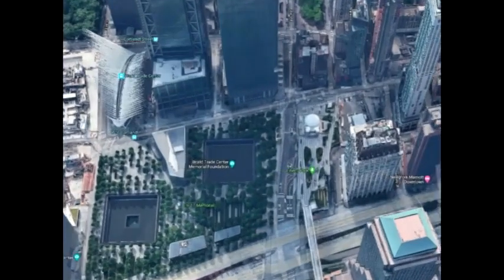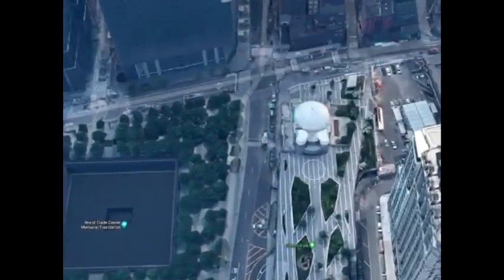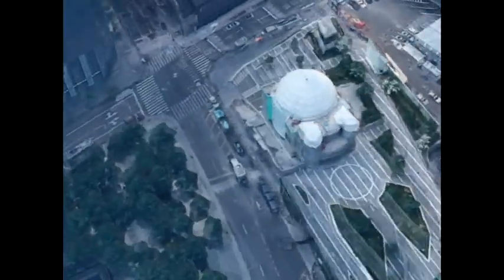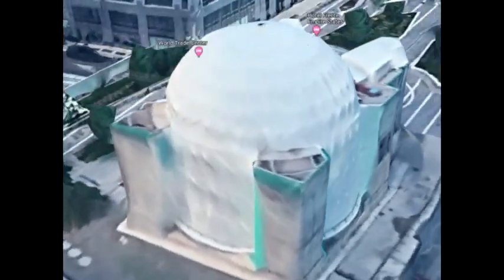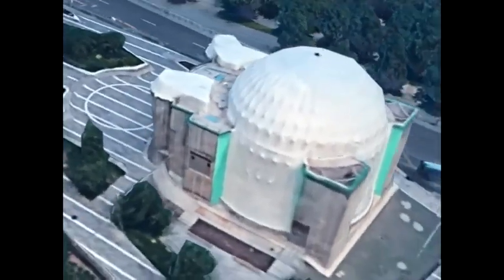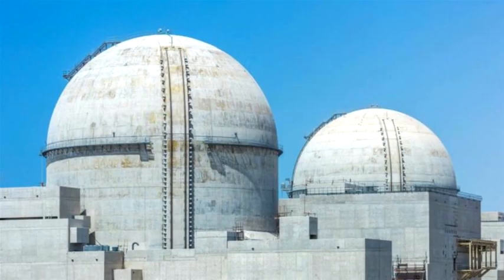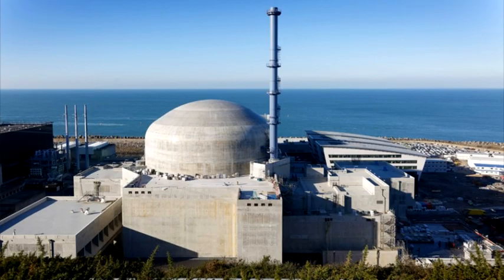But remember, we are in the atomic age, so let's take a look at a very interesting building. Well, that looks like a very nice church, but that reminds me of some other nice churches I know.